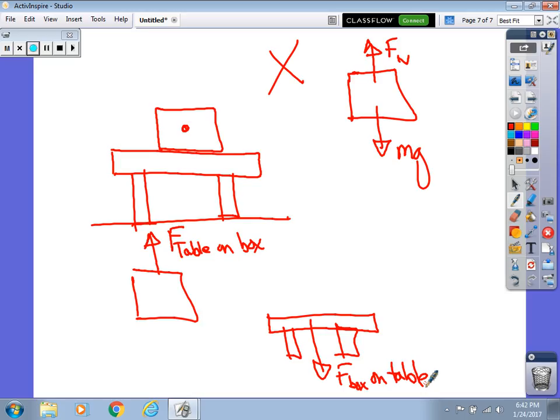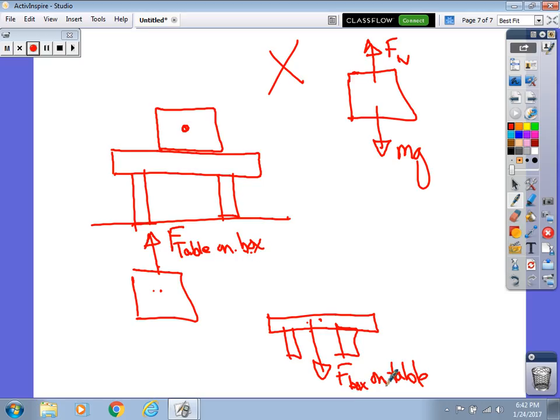And you'll notice I've got two objects that I'm describing. How the table affects the box and how the box affects the table. It's a two-body law. The way to think about action-reaction pairs is that whatever the name of one is, just reverse these two and you have its reaction pair. The force of the table on the box, the force of the box on the table.